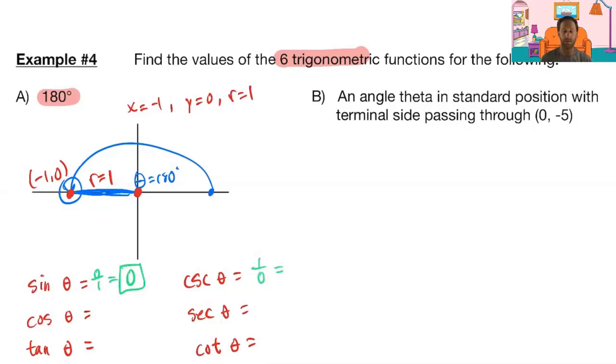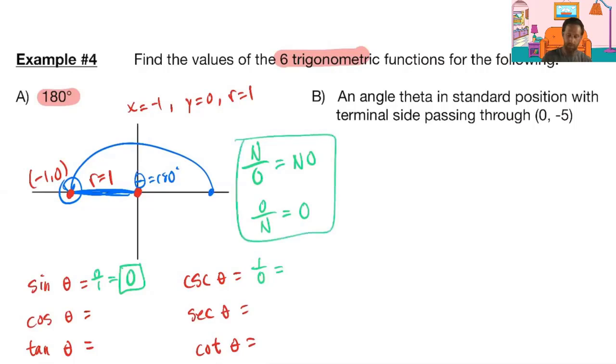But if I do flip that, that would give me a 1 over 0, which hopefully you know is also not 0. We cannot divide by 0, right? So if you have a number over 0, that says no. When you have a 0 over n, that can equal 0. All right? So be careful. Make sure you're very, very aware of the 0 on bottom.